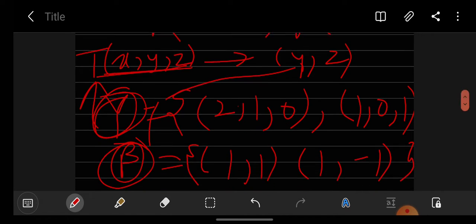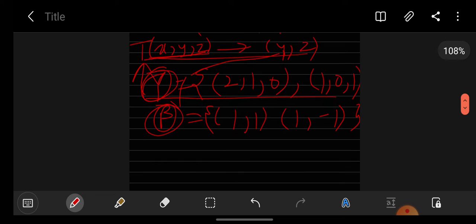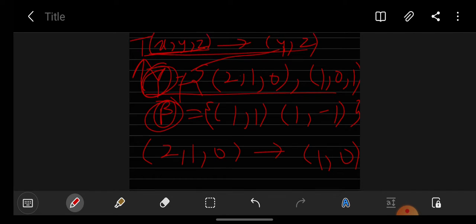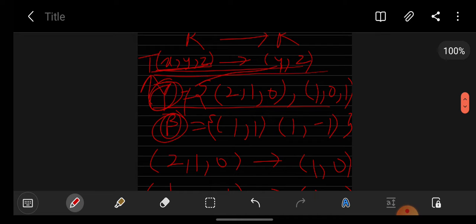Let's put the values for gamma in this mapping and see what we get. We get (1, 0) for (2, 1, 0), and for (1, 0, 1) we get (0, 1) by this linear transformation.